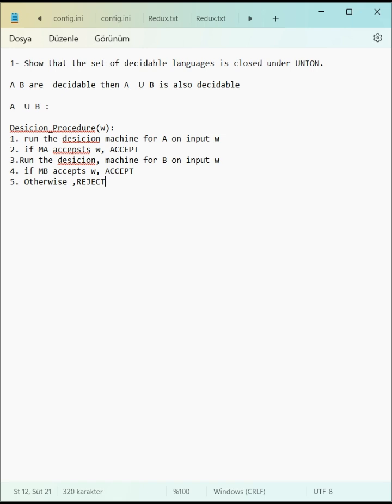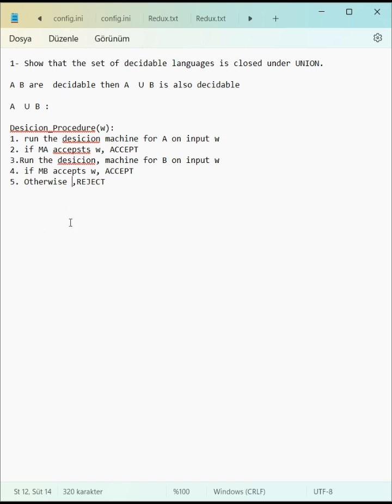Now, correctness argument. If w is an element of A, the first step will cause acceptance. If w is an element of B, the second step will cause acceptance.